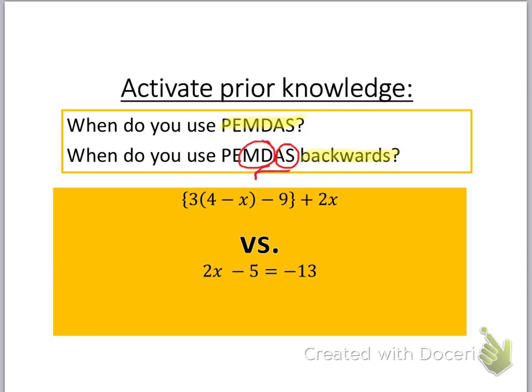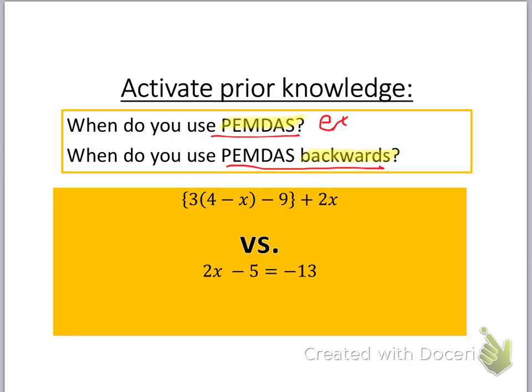Now the reason we go backwards is because we're trying to undo each operation that's being done to the variable. We're trying to pull backwards each little piece until we find what we started with. Okay, so what we want to think about here is when is it that we use PEMDAS and when is it that we use PEMDAS backwards.